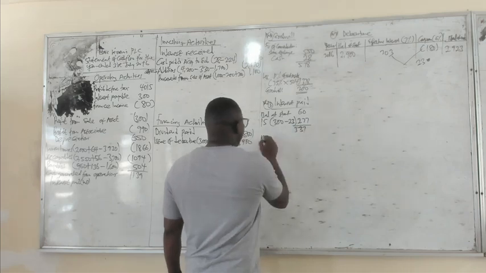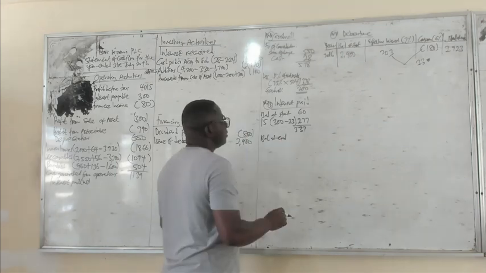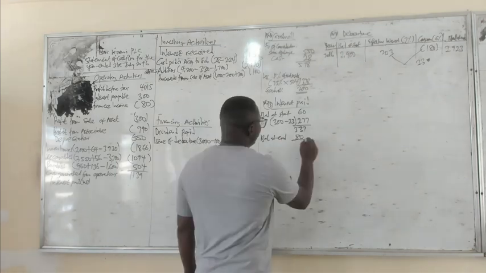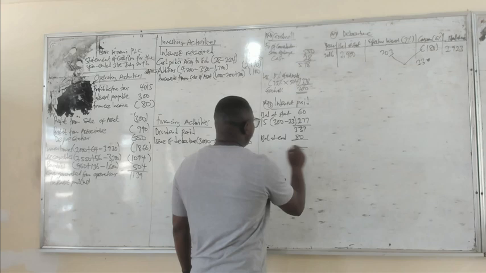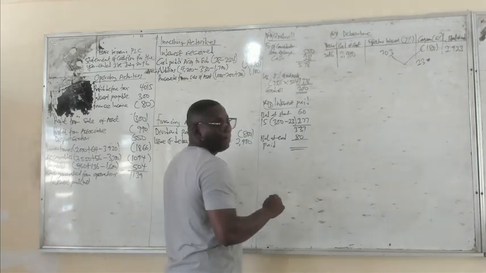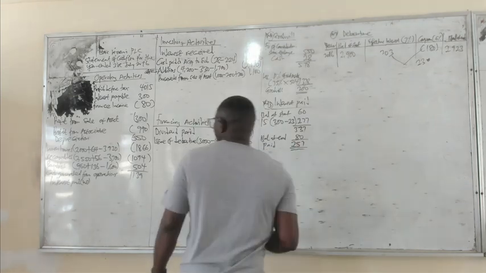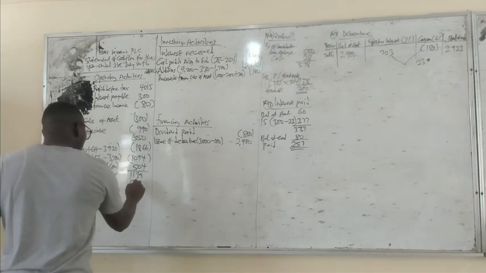So balance at end is 80. So interest paid will be 257. So the interest paid is 257.